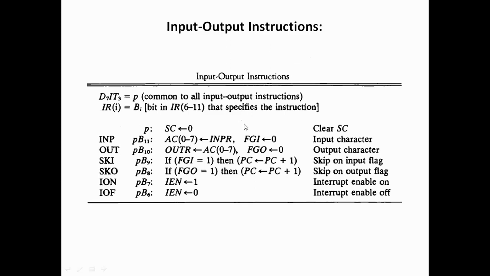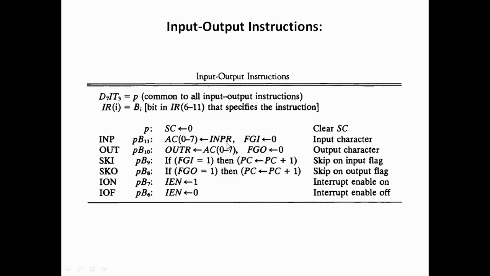Input flag FGI will obviously be 1 at that time. That means the accumulator will take the contents from the input register. The contents have already come into the input register, and now they have to be transferred from the input register to the accumulator. So this is the INP instruction.